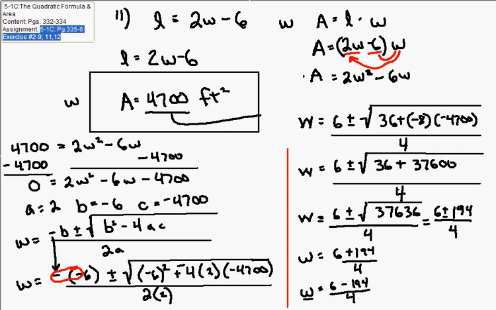So we can actually eliminate this as a solution. So we're looking for 6 plus 194 over 4, which takes us to 200 divided by 4, which means 50. So the width of this is 50 feet.